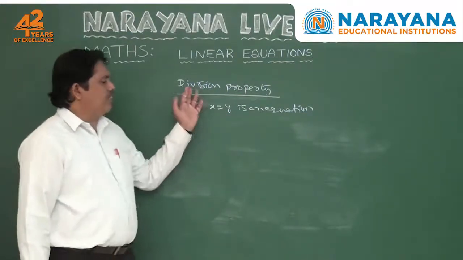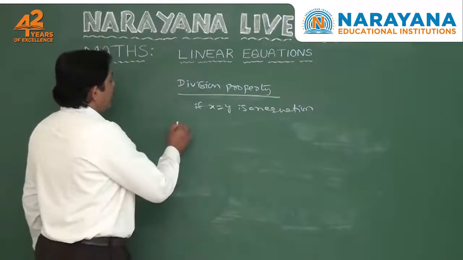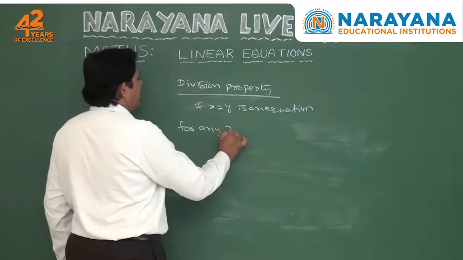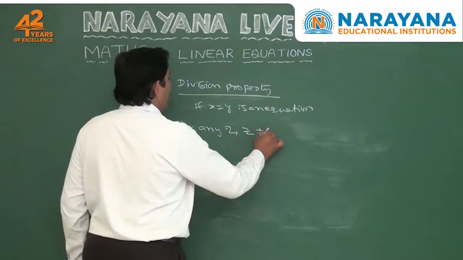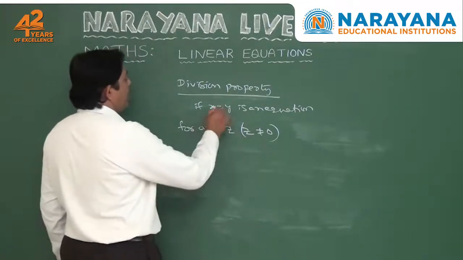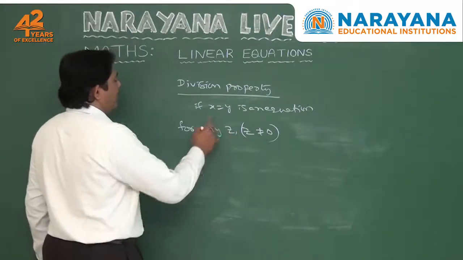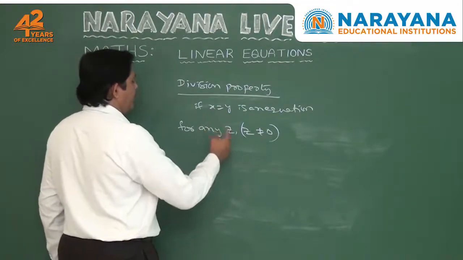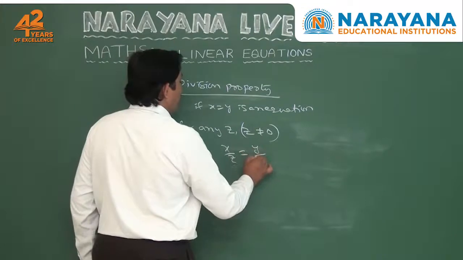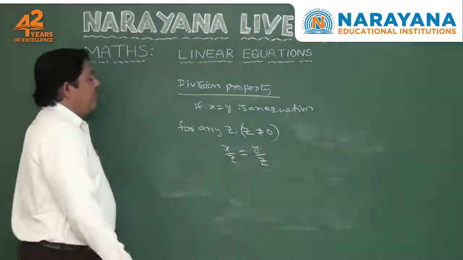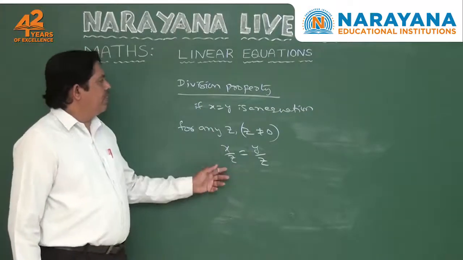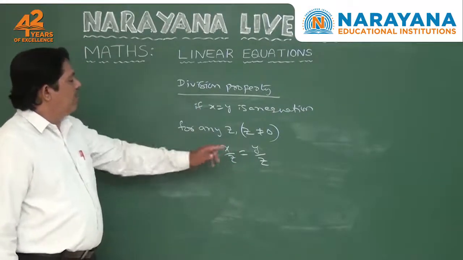This is called the division property. For any non-zero value z, we can divide both sides by z, that is x by z is also equal to y by z.